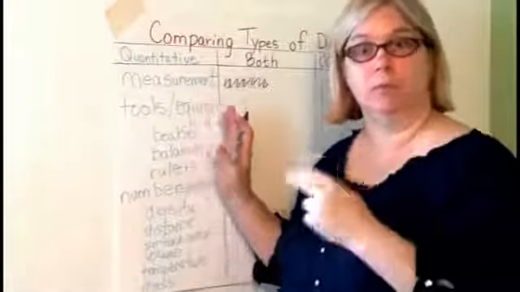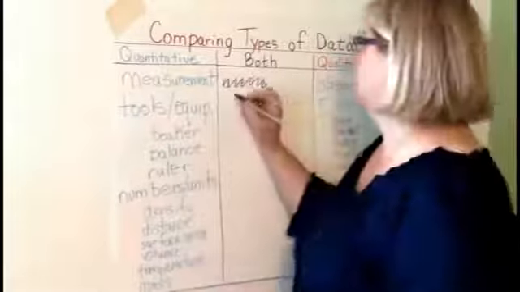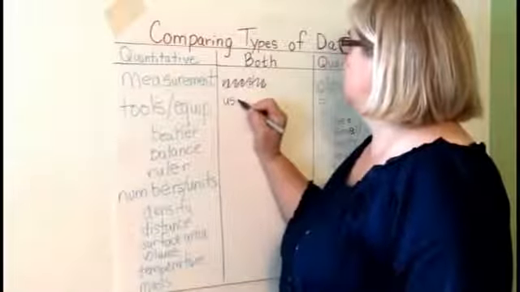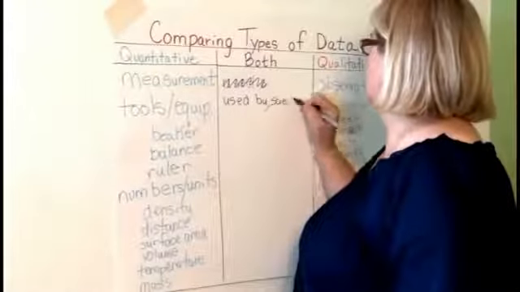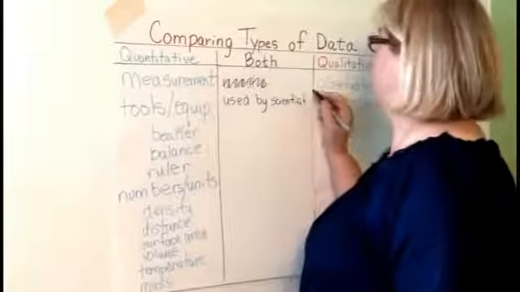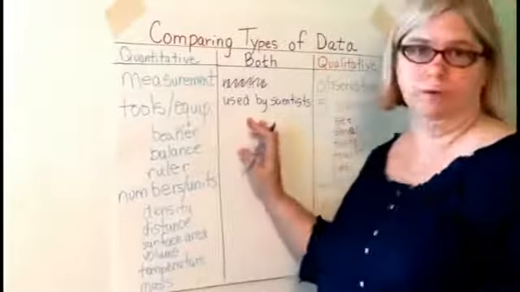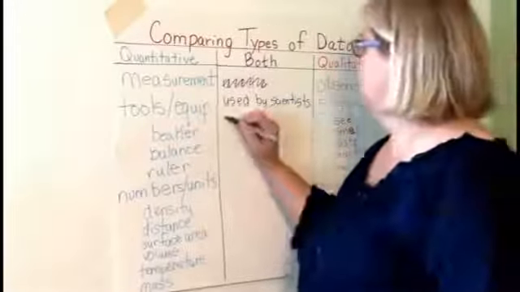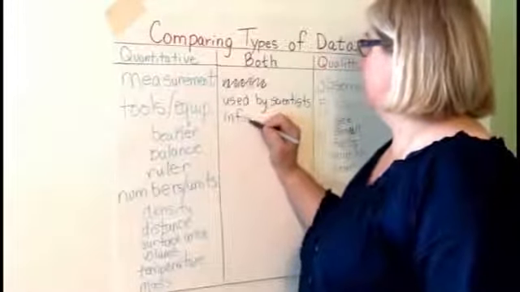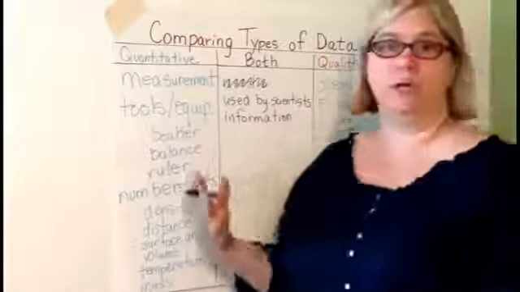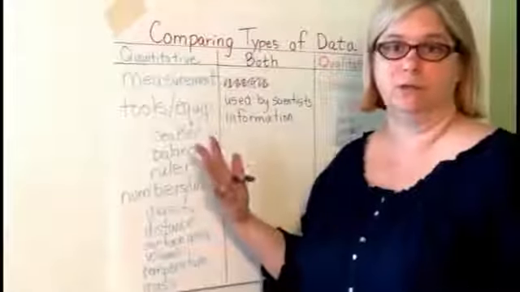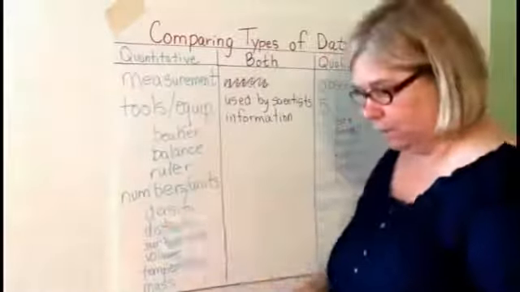They're both as important, one is as important as the other in science. So they're used by scientists. They're also used by everybody else, but they're used in the field of science. They're informative, okay? They provide information for scientists about what they're studying. That's what data is. It's a fancy term for information about something, about a topic.